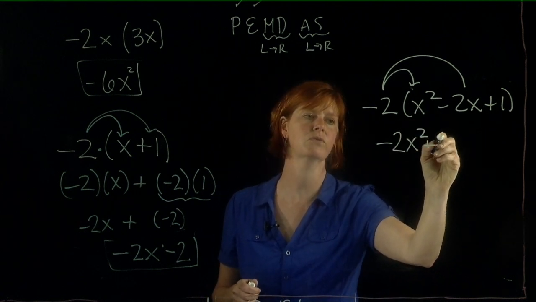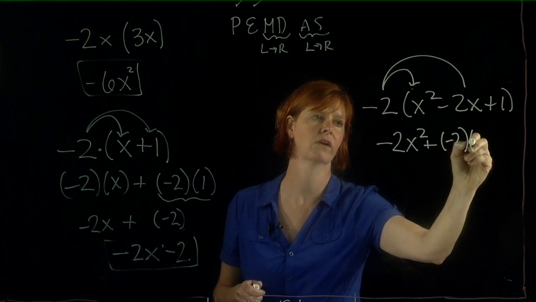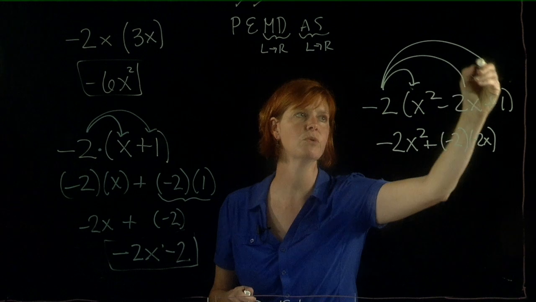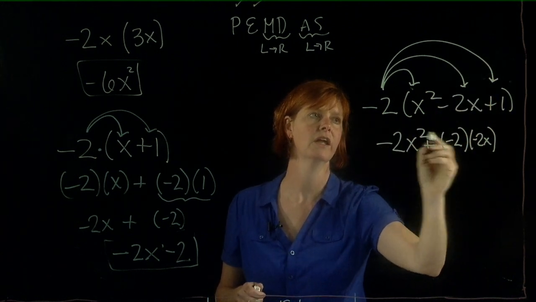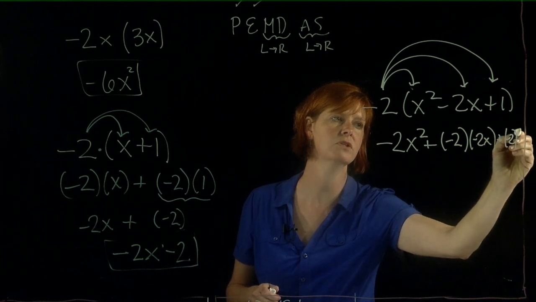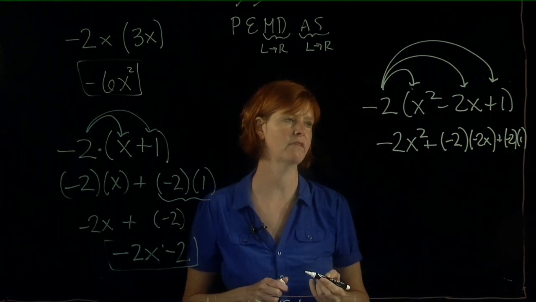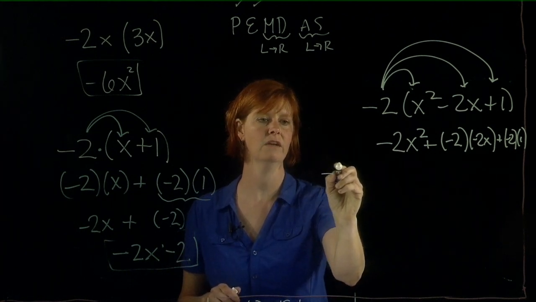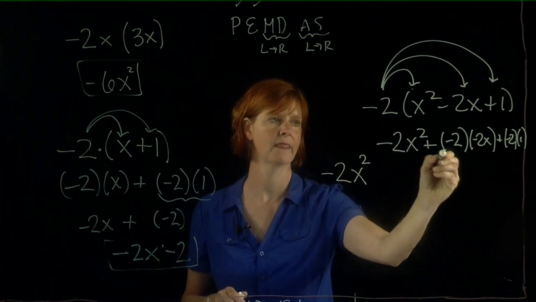So let's write it like this. I'm showing more work than necessary to be clear. This is then distributing the negative 2 times the 1. I think that's running off the edge of the board, but you got the idea. Let's scoot it over this way. Negative 2x squared is the first term.